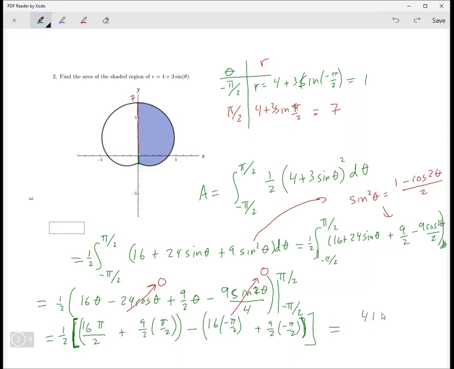And I get 41 pi over 4 when I simplify that all the way out. Okay, any questions about that or comments?